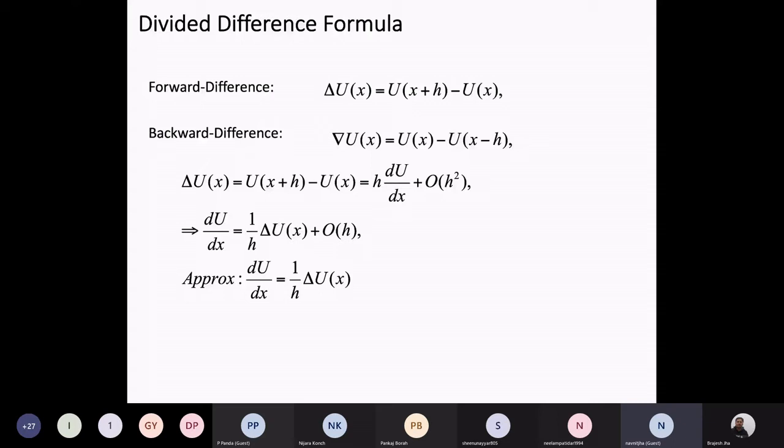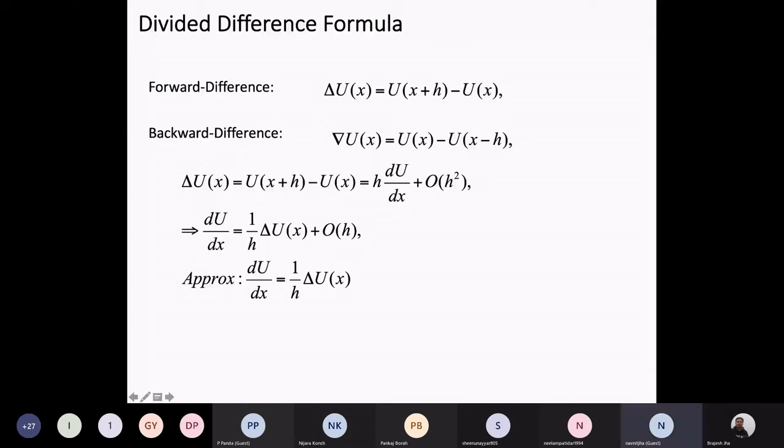The forward difference operator, when expanded by the Taylor series, gives you this relation: h du by dx plus order h square. Just divide both sides by h, and you will get du by dx is 1 by h forward difference u plus order h. So we can approximate the derivative du by dx equal to 1 by h forward difference u.